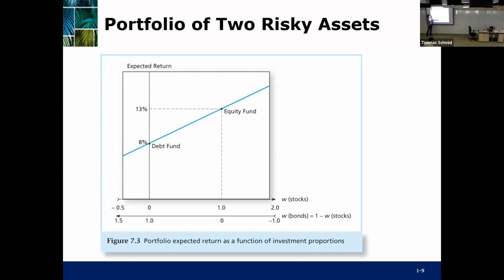If we invest all in the equity fund, we get the expected return of the equity fund. If we invest anywhere in between, it's just linear. Very simple. How can we realize points to the right of the equity fund here? So how would we be able to invest along this area?